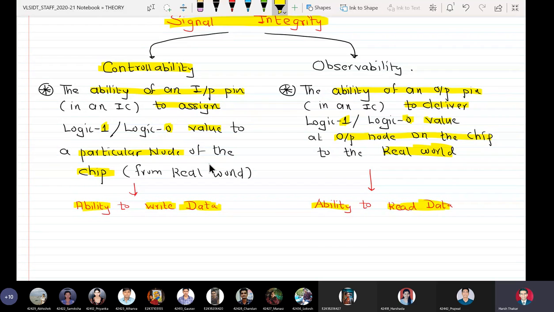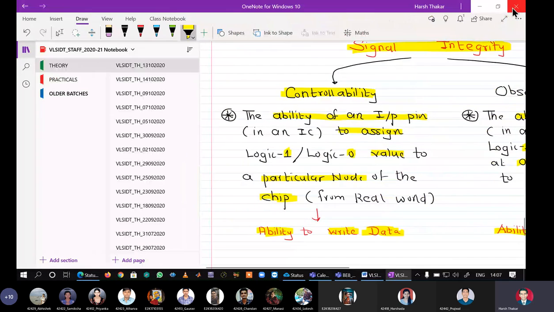Today we touch upon some other signal integrity issues which I could not cover because the lecture had already extended 15 minutes. So we'll cover them today.